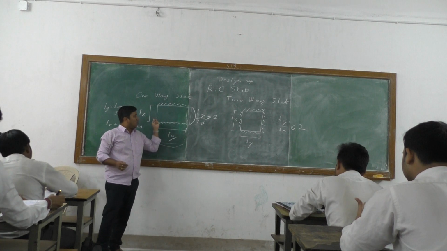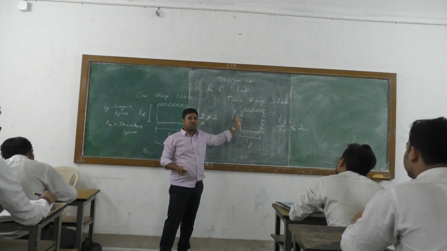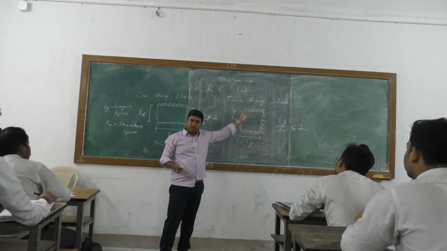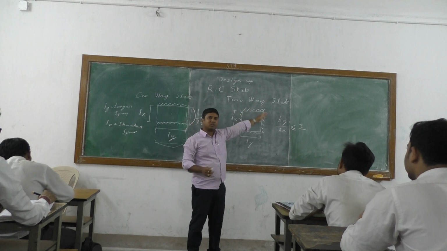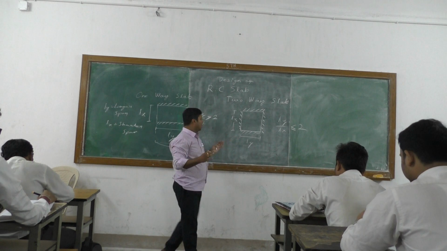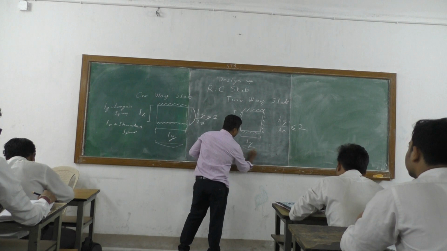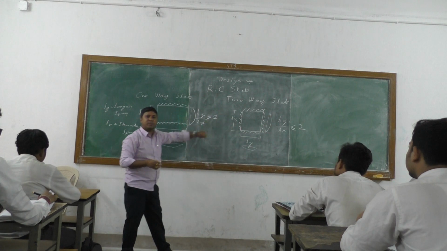Whereas for a two-way slab, the distribution of the bending moment is quite similar for the longer span and shorter span, because they are distributed equally.